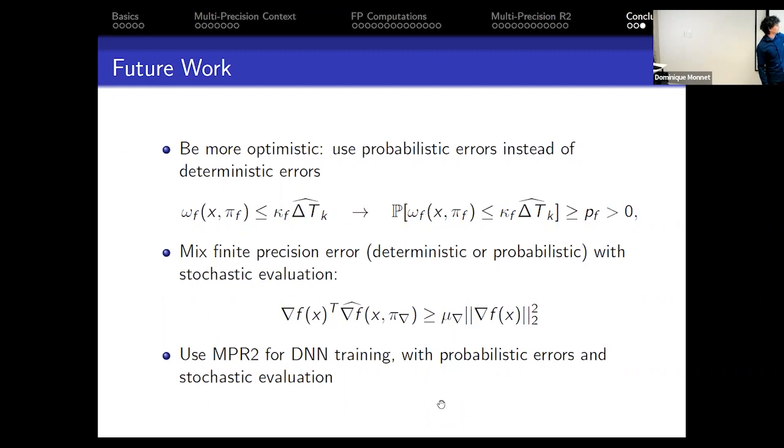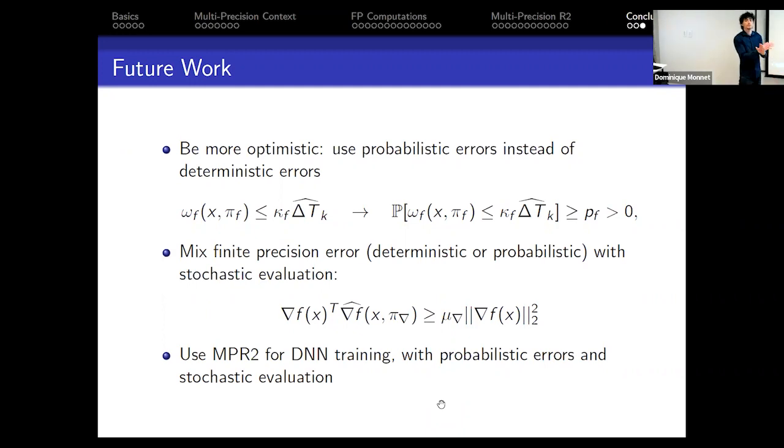So basically that's the error between the actual gradient and what you compute, and the expectancy of that, with your random variable, which is basically what you choose in the batch, should be less than some u times the norm of the gradient.